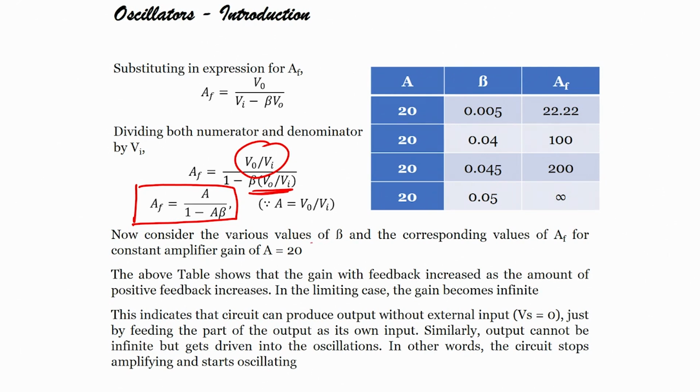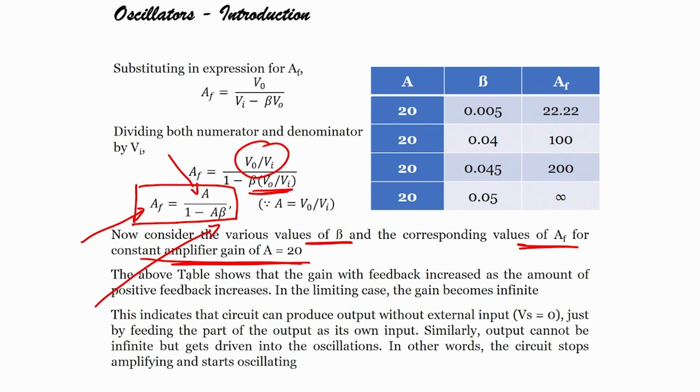Now, consider various values of beta and the corresponding values of AF for a constant amplifier gain of 20. So, A is constant at 20, and I only change the value of beta.